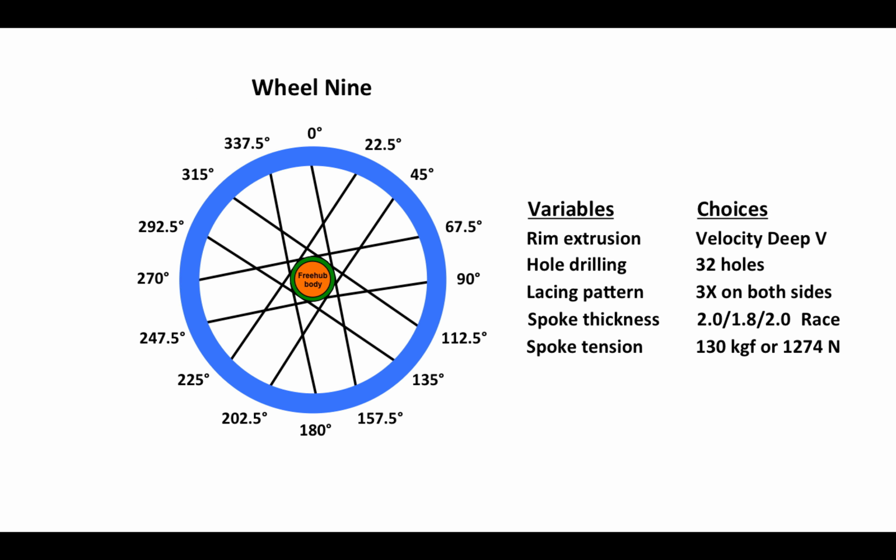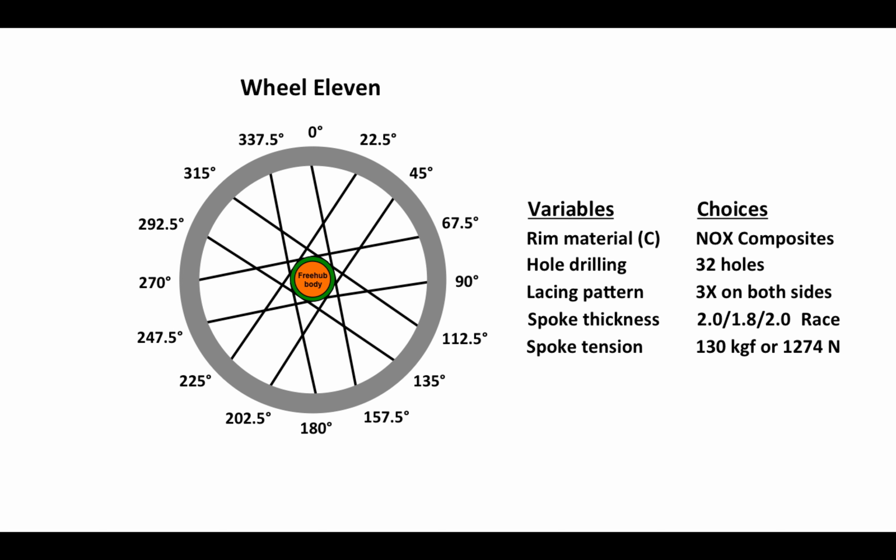Now we're going to do a comparison of wheels 9, 10, and 11. Wheel 9, a deep V, 32 holes, 3-cross on both sides, race spokes, and nice high tension. Wheel 10, everything is the same except with a velocity fusion rim. With wheel 11, everything is still exactly the same except that we're using a carbon composite rim from Knox Composites.